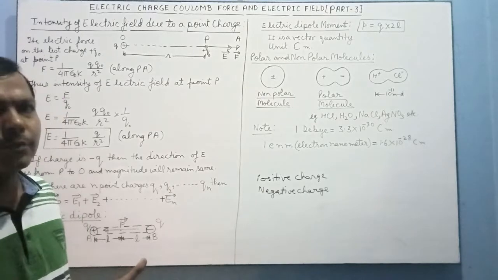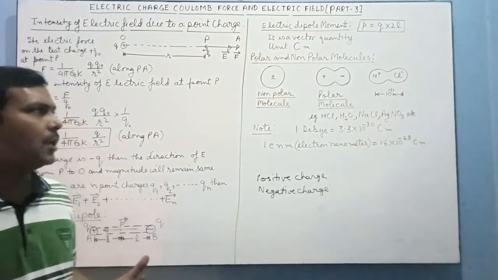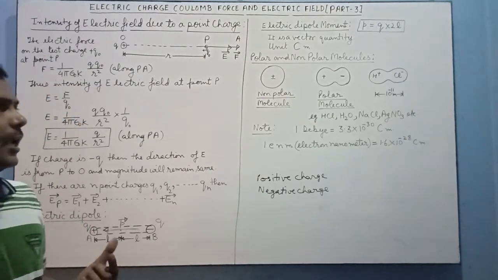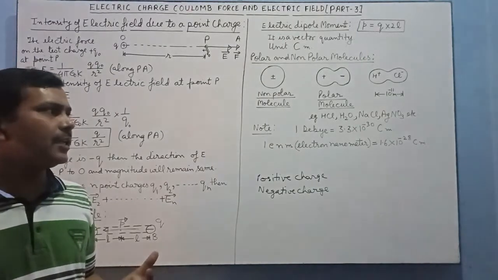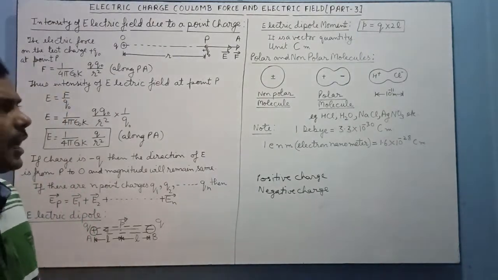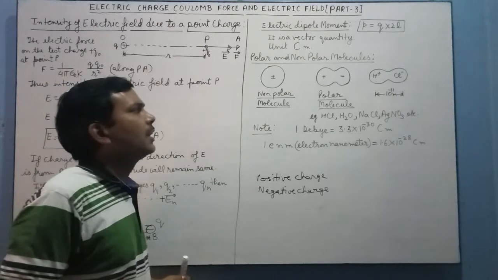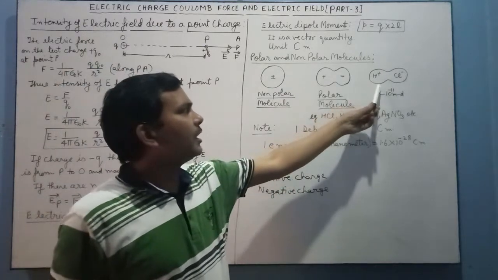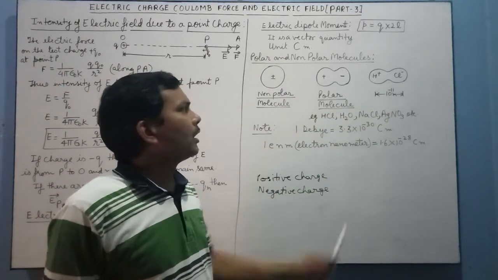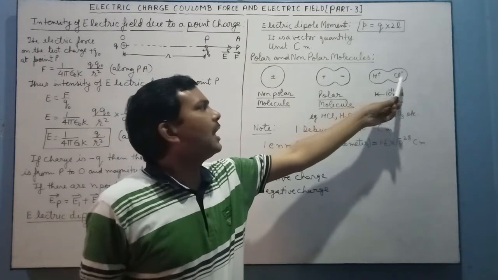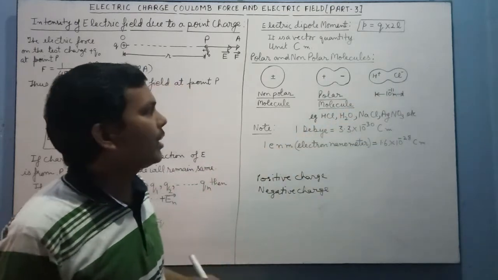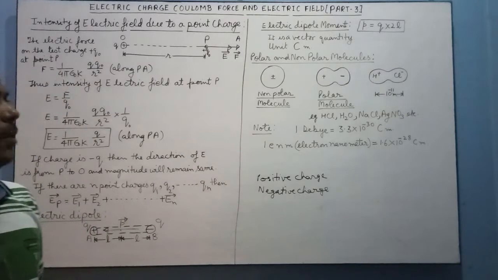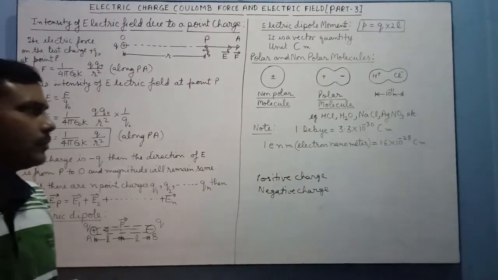There are many examples of polar molecules like HCl, H2O, NaCl, AgNO3, etc. Here I have considered a HCl molecule in this figure with H plus and Cl minus having a separation of 10 to the power minus 11 meter.